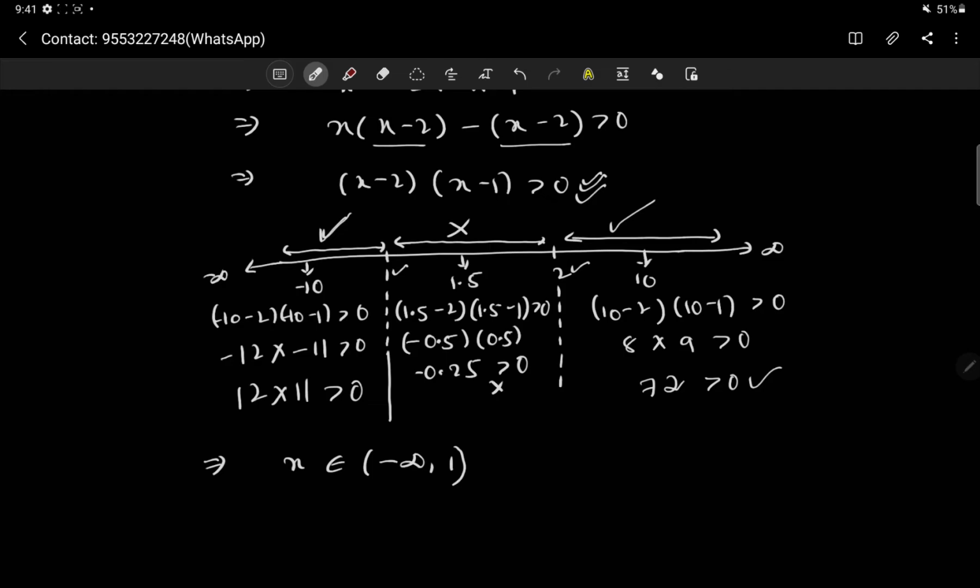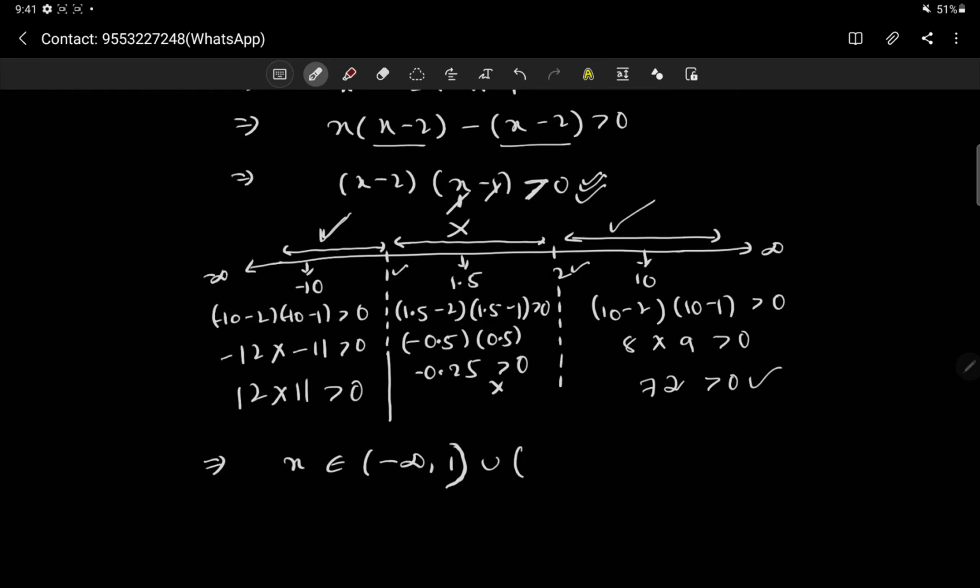If you take exactly 1 here, 1 will get cancelled and you will get 0. But 0 is not there; greater than 0 you want. So exactly 1 can't be given in place of x, so that's why open bracket is given. Open bracket means you can't take x value as 1 exactly.